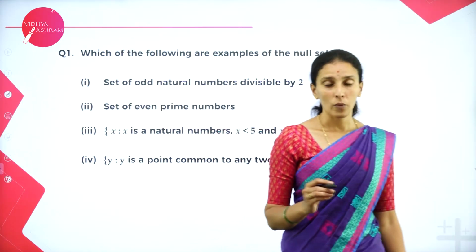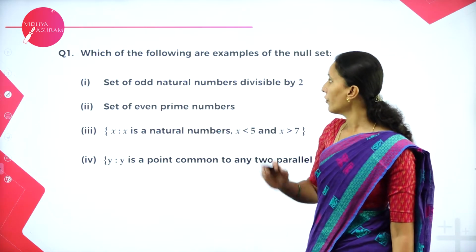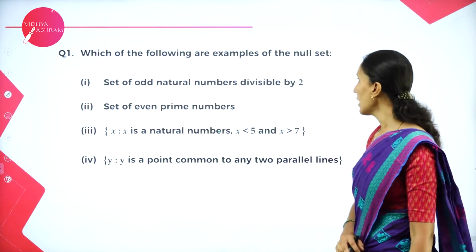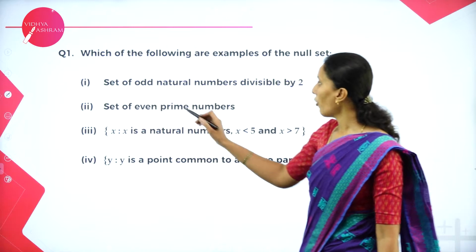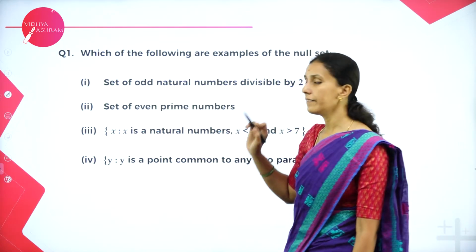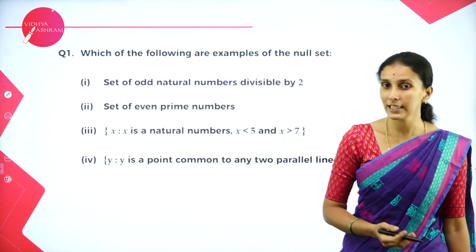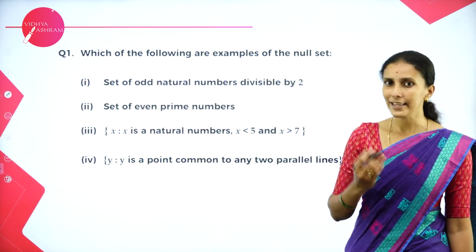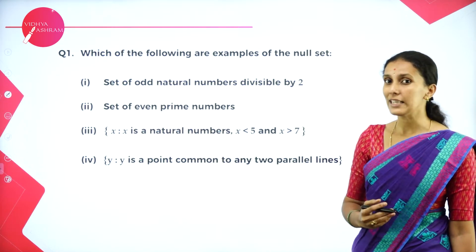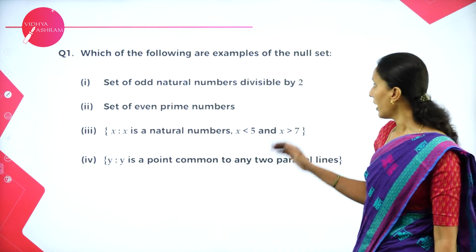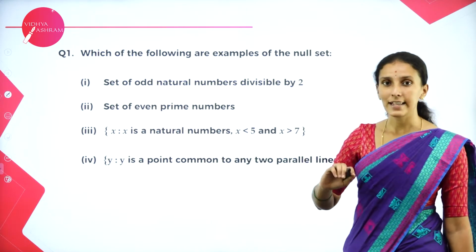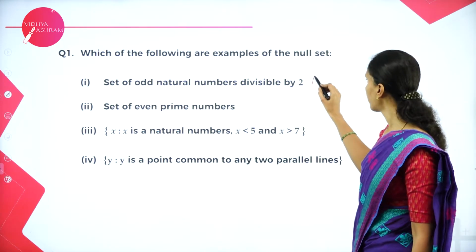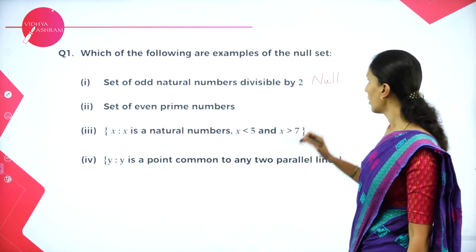So now we'll take a few questions. Which of the following are examples for null set? Set of odd natural numbers divisible by 2. I said earlier, any odd number cannot be divisible by 2. So therefore, this is an example for a null set. Okay.